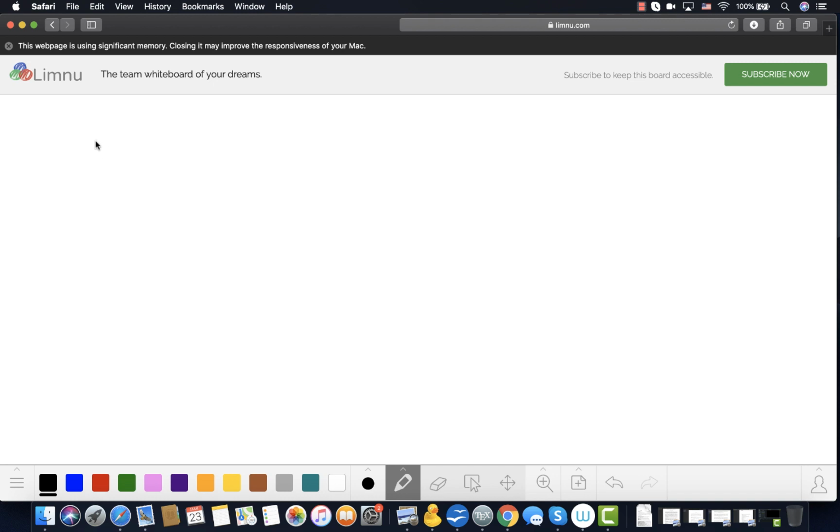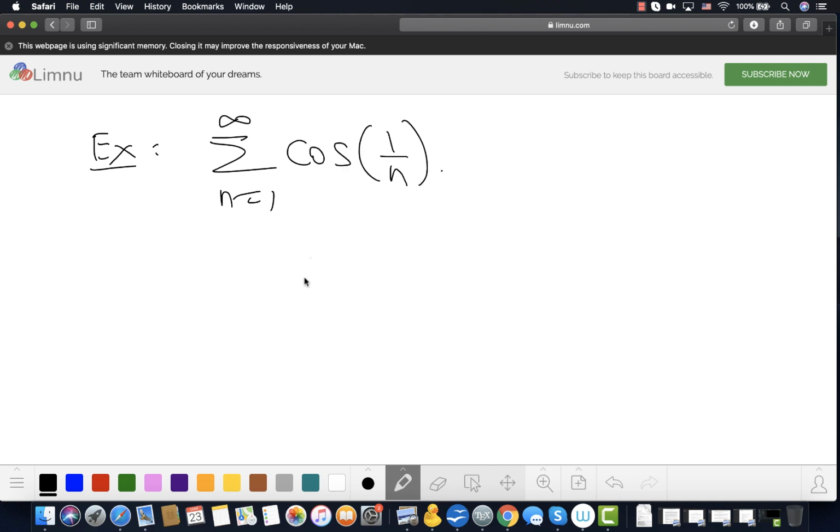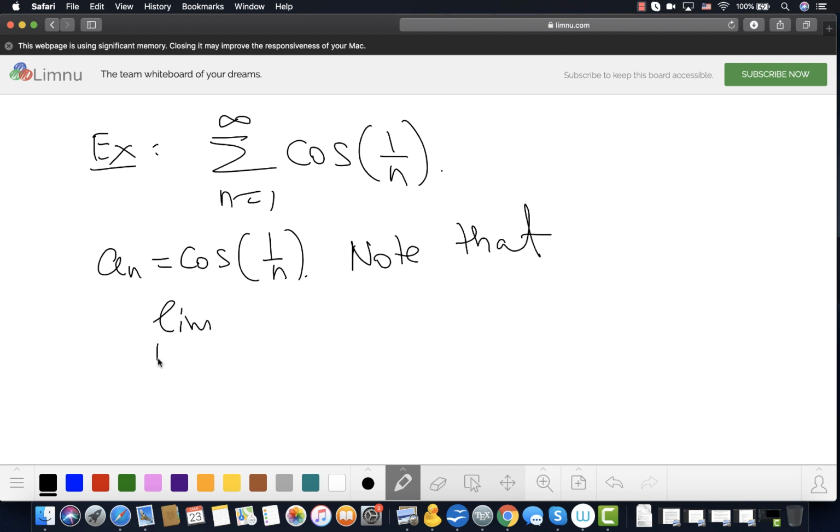Okay, so for example, if you look at the series with n going from 1 to infinity of cosine of 1 over n, let's determine the convergence or divergence of this series. So let's look at a_n. a_n is the nth term, so this is cosine of 1 over n. Note that the limit of the a_n, we're computing the limit as n goes to infinity of cosine of 1 over n.